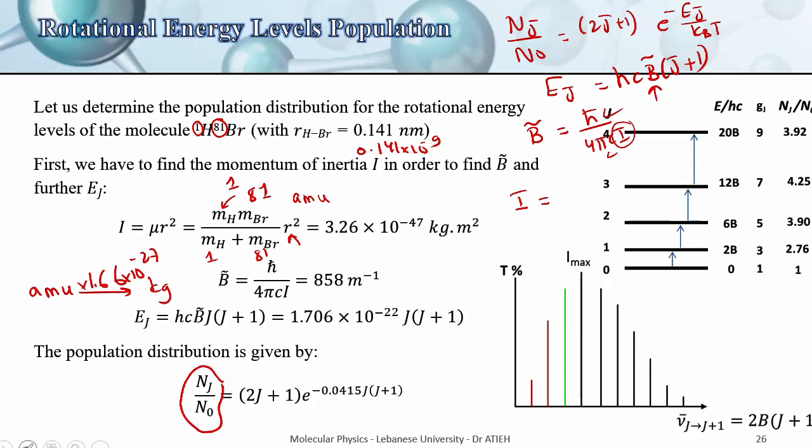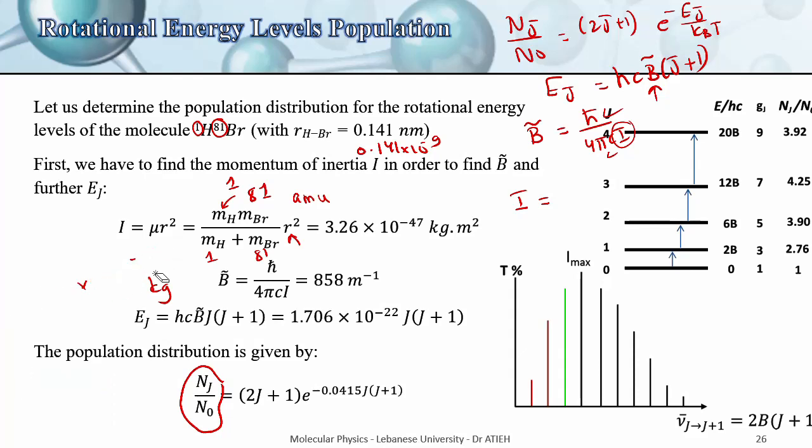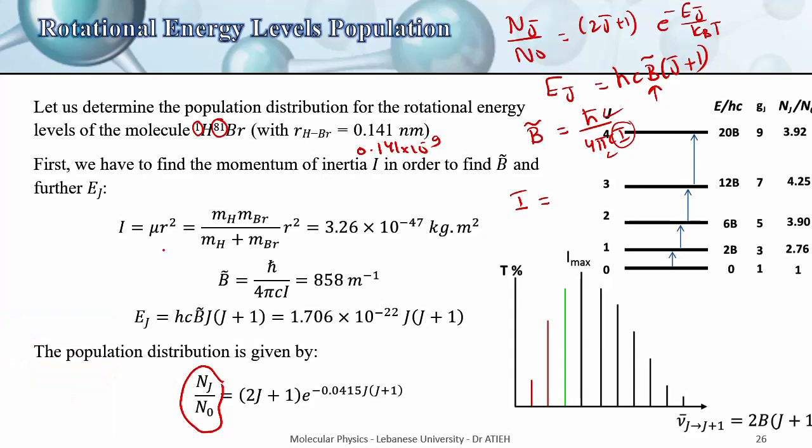The second method is the same, but with a small alteration: substitute for the masses of a mole. So for a mole, we have 1 gram, this is 81 gram, and this is the same ratio, but the final unit will be gram instead of AMU because we are talking about a mole and not a single atom or single molecule.